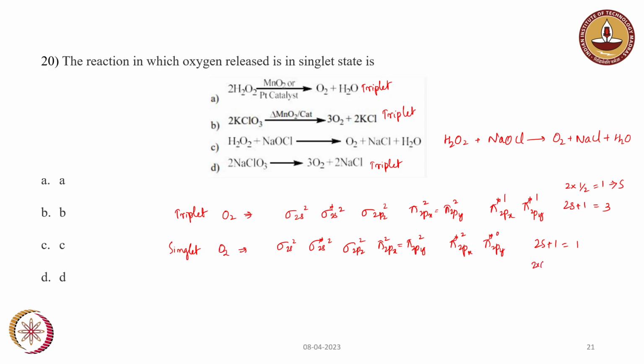So 2 into 0 plus 1 equal to 1. So the answer is option C, H2O2 plus NaOCl giving O2 plus NaCl plus H2O. So that's the reaction where oxygen is released as singlet.